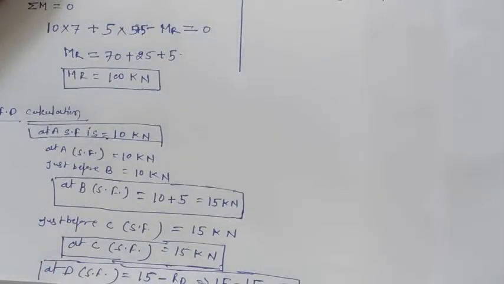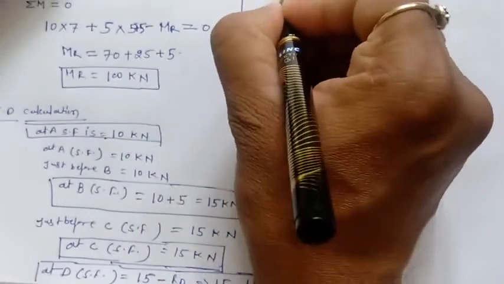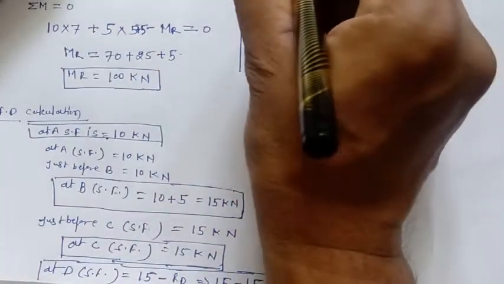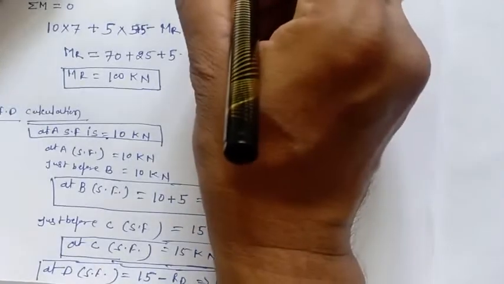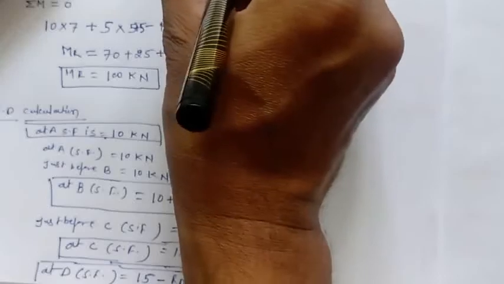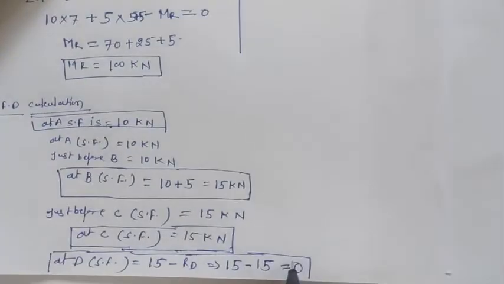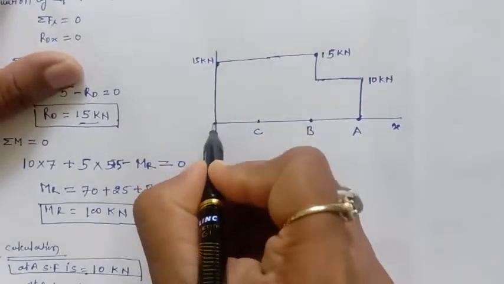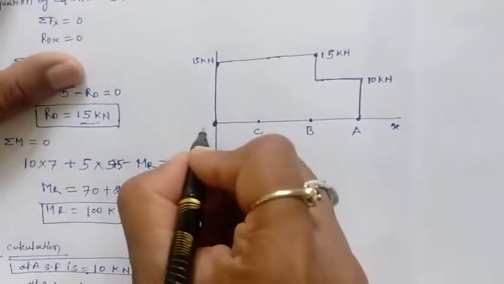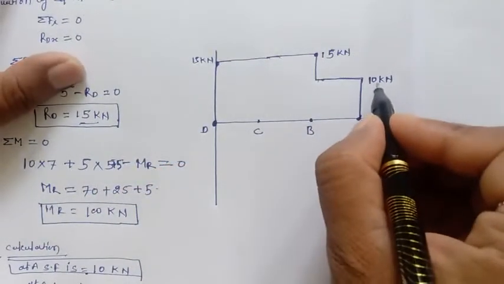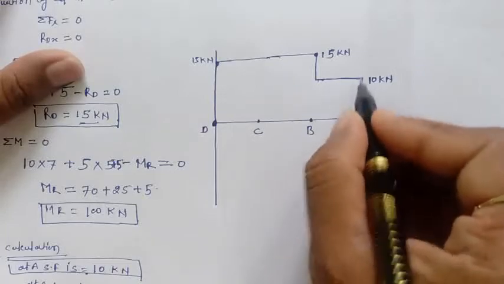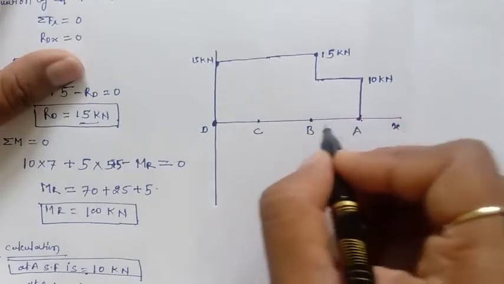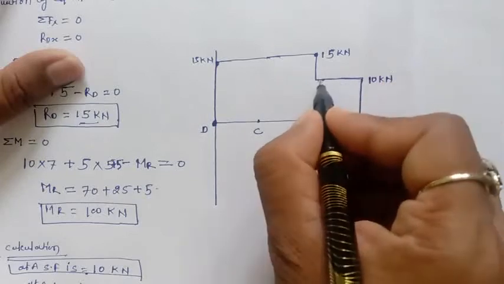Now at C, the line is going constant. Here also 15 kilonewton is there, and just before D also it's 15 kilonewton, and at D it's 0. At A it's 10 kilonewton because of this point load, so a vertical line will be there. Then from A to B there is no force, so a constant 10 kilonewton.